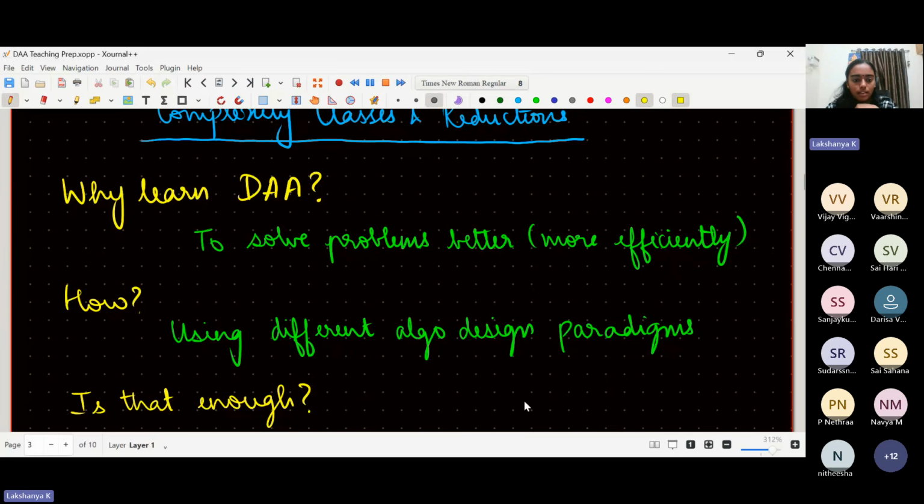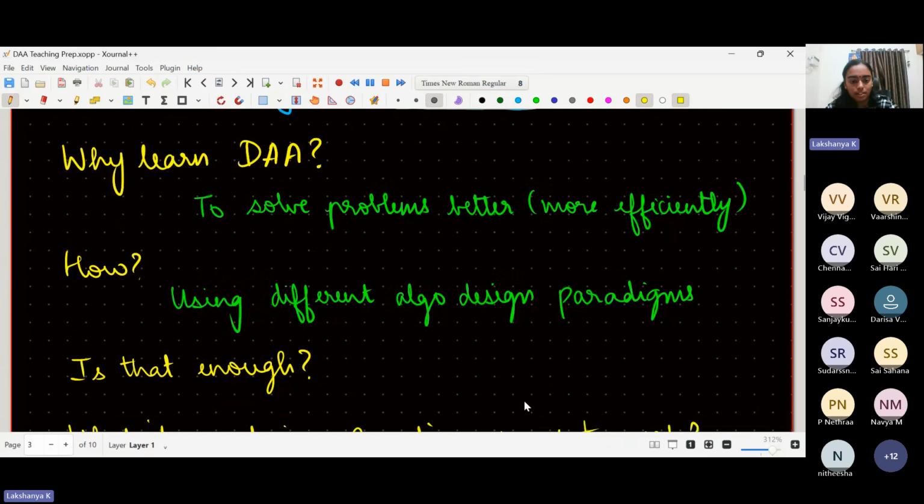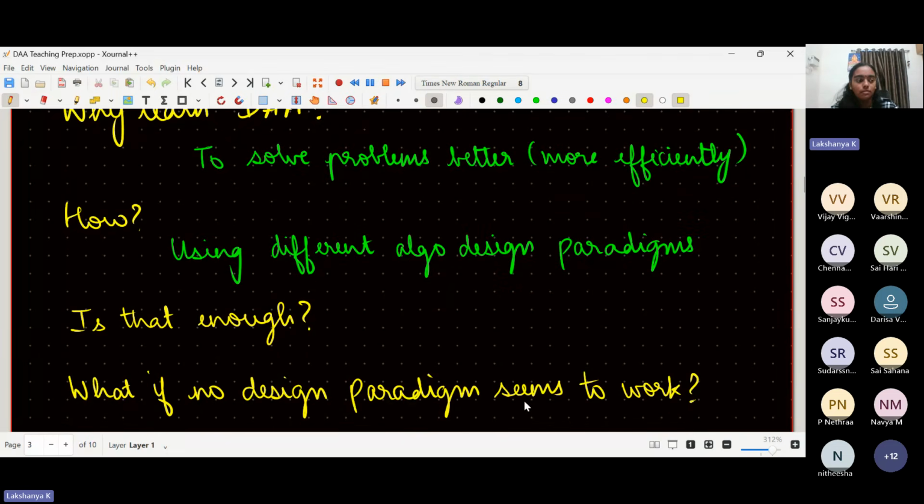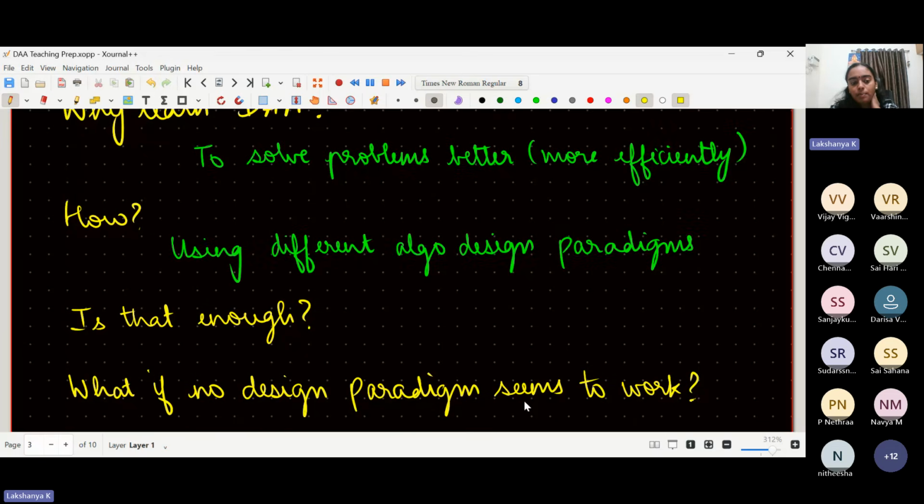Okay, I'll give you a few directions to think of. What if no design paradigm seems to work? What if you look at a question and you think of the 3, 4 design paradigms you've learned and none of them seems to be suitable for that particular question? That could be one scenario.